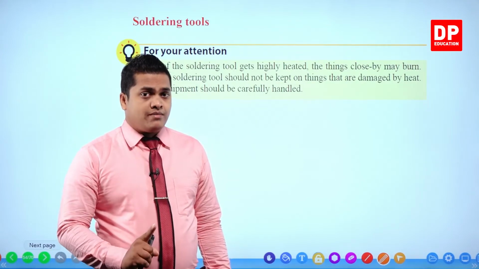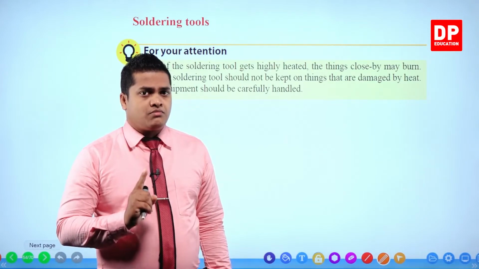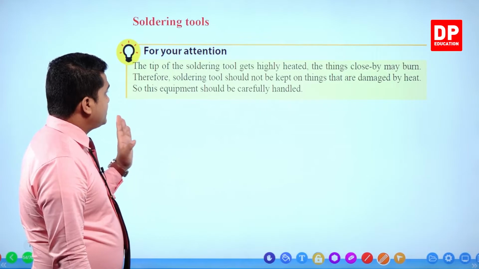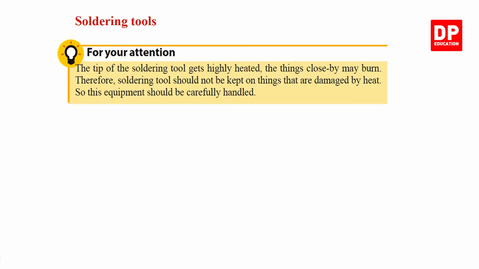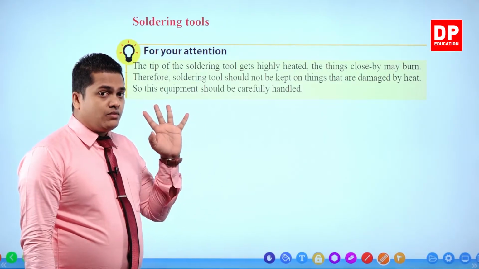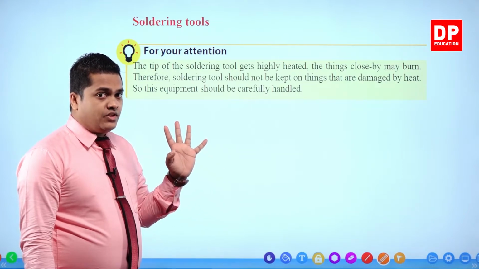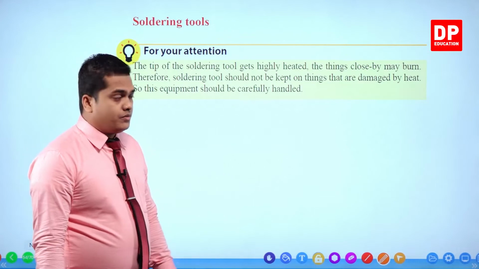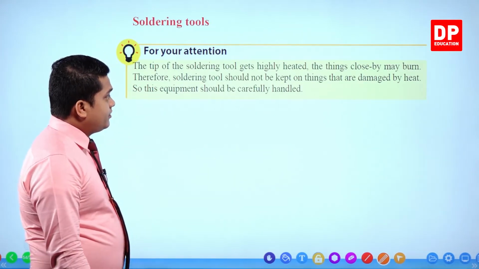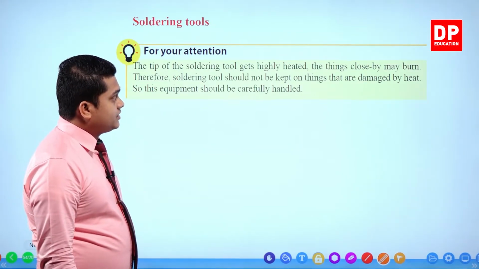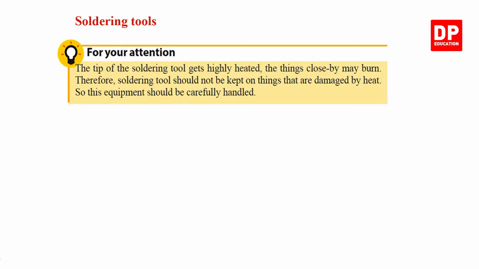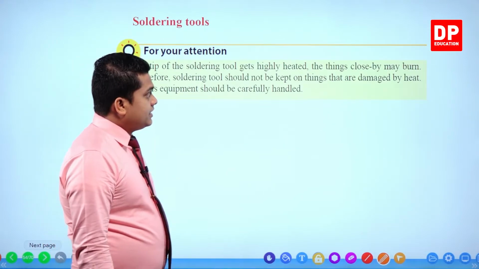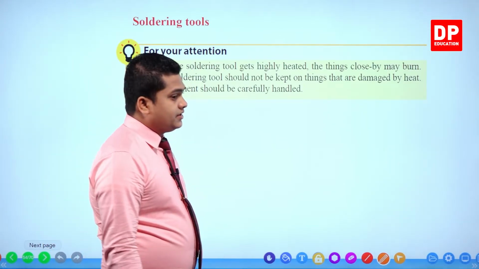Special thing to remember, very special thing to remember, my dear children, always remember, right? It should go to your brain very well. Please remember when you are using a soldering tool, electric bulb, at your home, the tip of the soldering tool gets highly heated. The things close by may burn, and therefore soldering tools should not be kept on things that can be damaged by the heat.